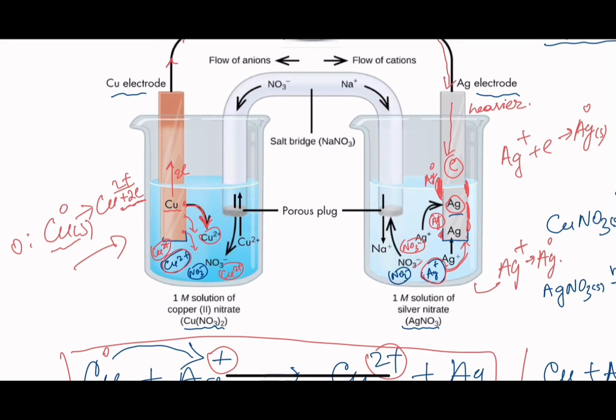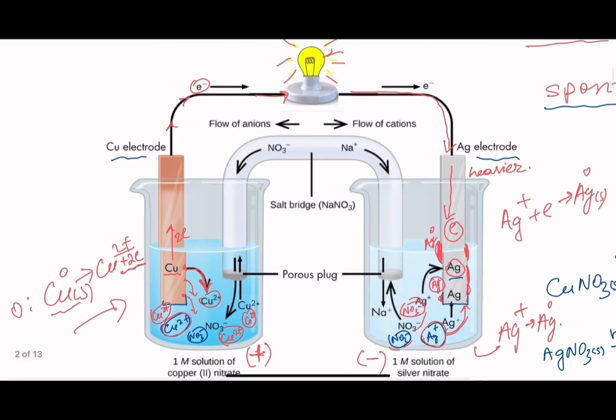Now we have lots of nitrate ions collected in here, so this side becomes negatively charged, while this side, because we have lots of copper 2 ions collected in the left solution because of the oxidation, becomes positively charged. But as we told before, the electron was going through here, right?